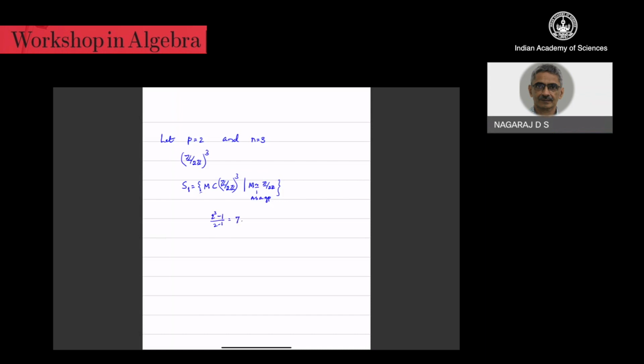So that means if you take any non-zero element in this Z mod 2Z cubed, it gives rise to a subgroup.